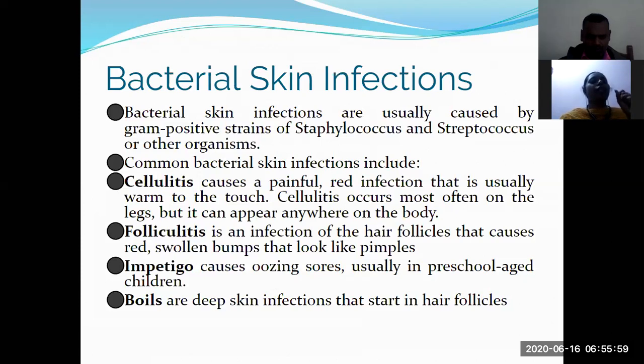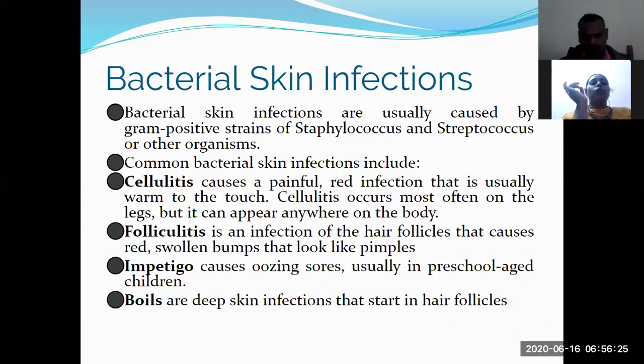Folliculitis is an infection of the hair follicles that causes red swollen bumps that look like pimples. Some may experience pimples under the armpit, or in the hair on the head. These are bacterial infections.